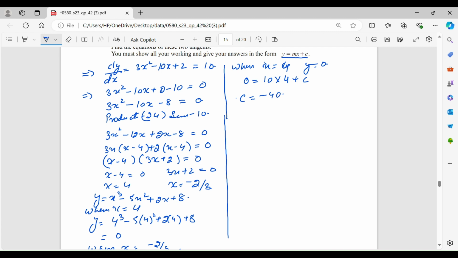So the equation will be y equal to 10x minus 40, right? This will be our first equation.